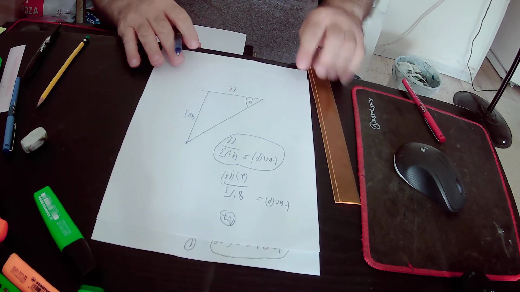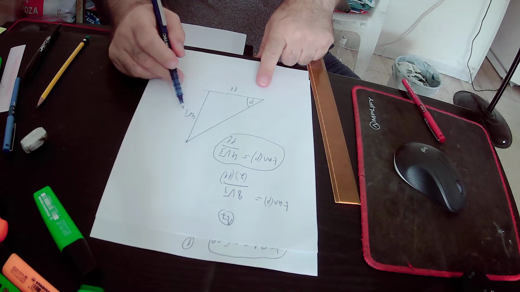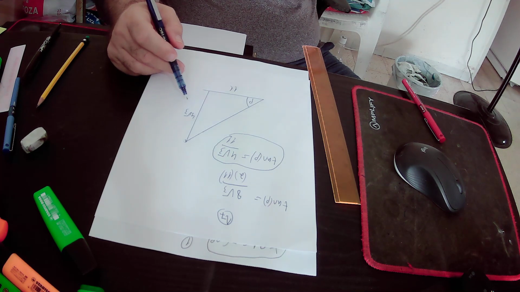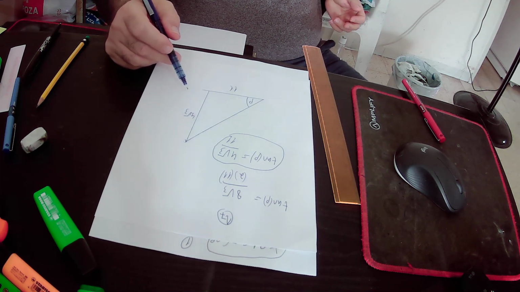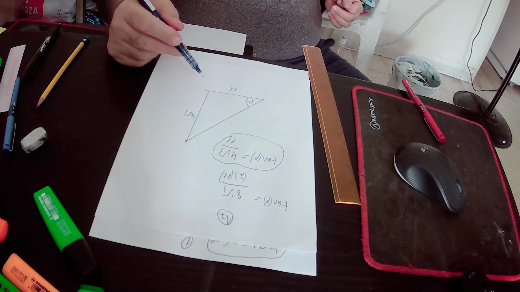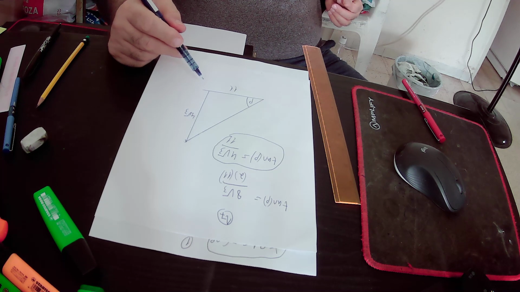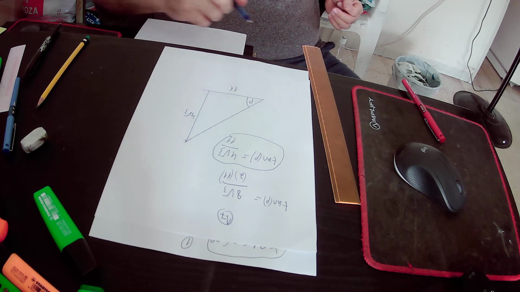Okay, here tangent P equals 4 times root 3 over 11. But we want to find the value of sine P, and in order to find the value of sine P, we must calculate the hypotenuse of this right triangle.